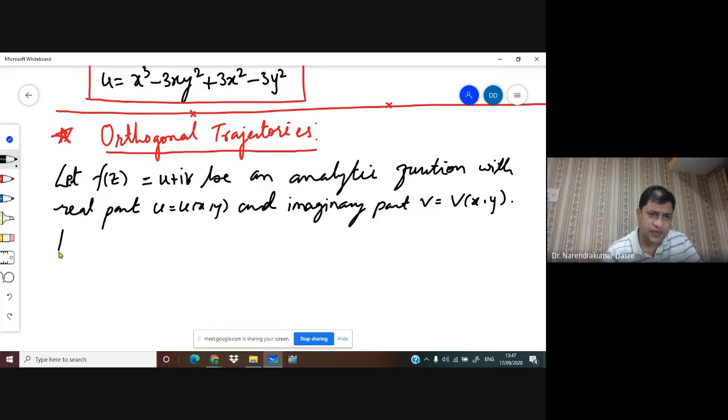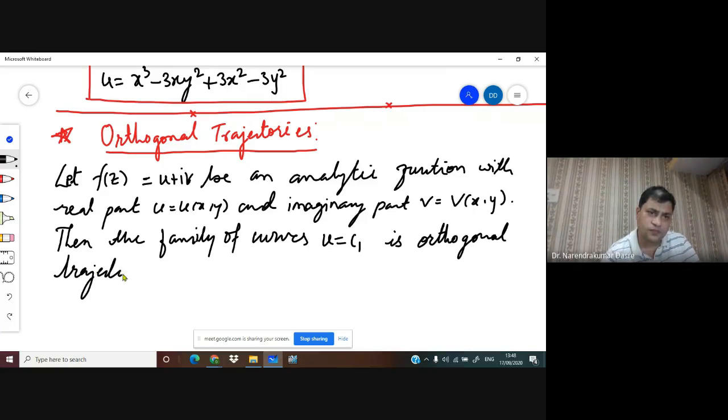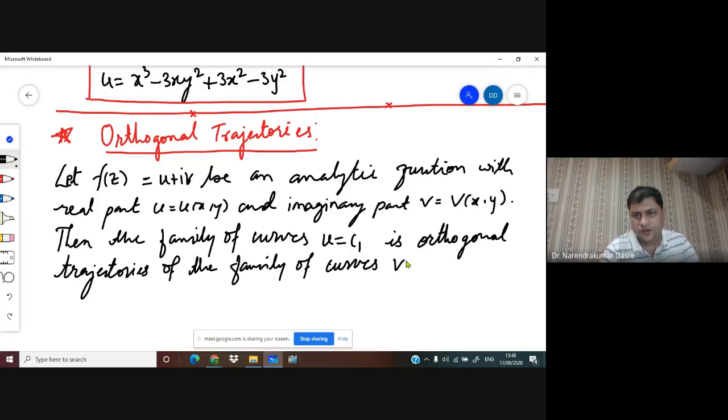Okay. We can say then u is equal to c1. Then the family of curves u is equal to c1 is the family of orthogonal trajectories of the family of curves v is equal to c2.